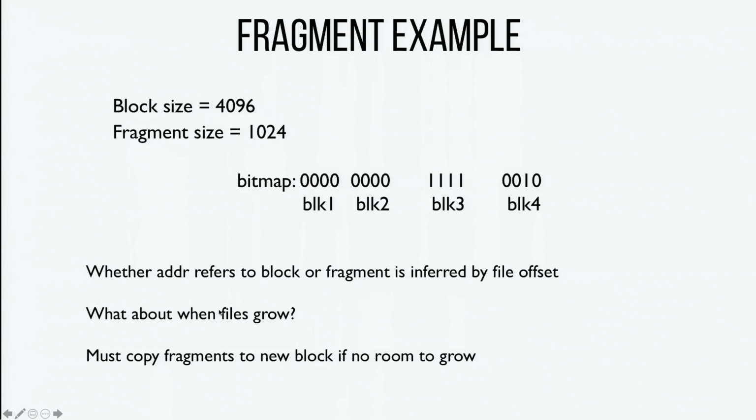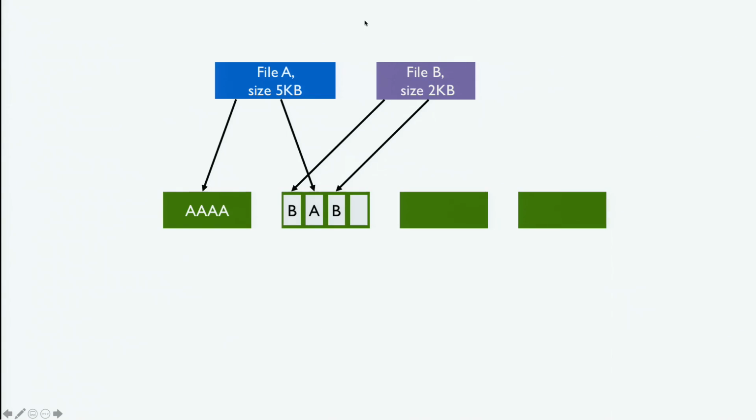Okay, so let's figure out what we need to do to use fragments and blocks. So the basic idea is we have a file A, and it's 5 kilobytes. So the first 4 kilobytes, it has to use up a whole block. But the tail end of that file, the last 1 kilobyte, it can use just a fragment, and it can share that block with other files out there.